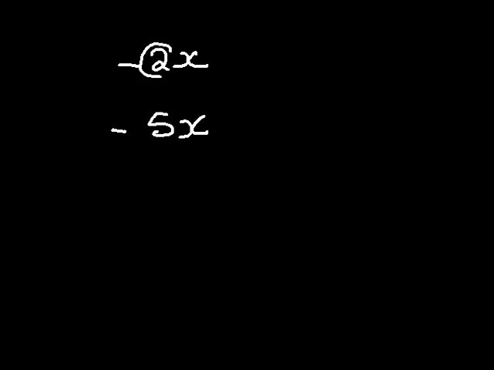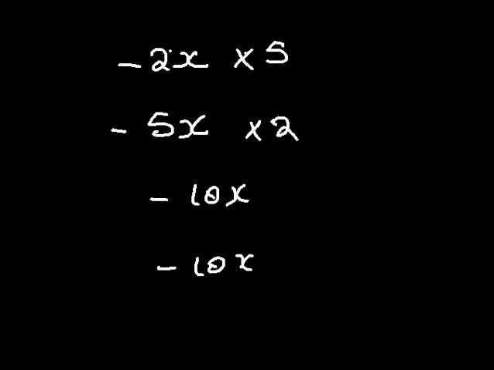Here we have a 2, here we have 5, but we should make sure that the terms are the same. So we simply multiply this one by 5 and this one by 2, so that we have negative 10x, and here we should also have negative 10x.